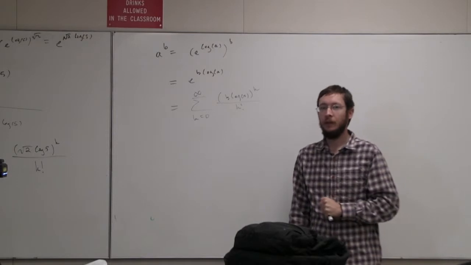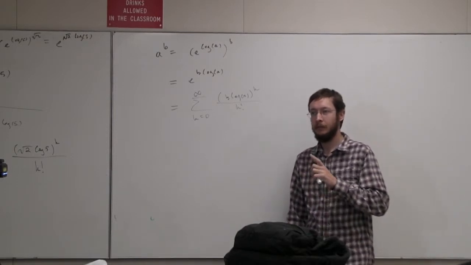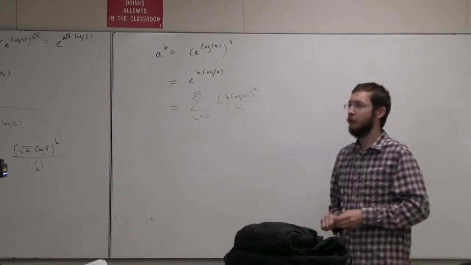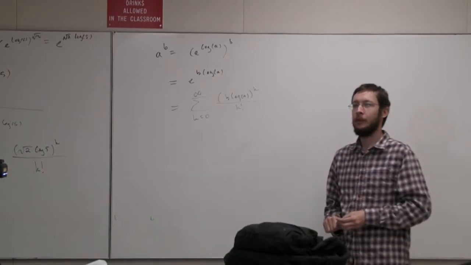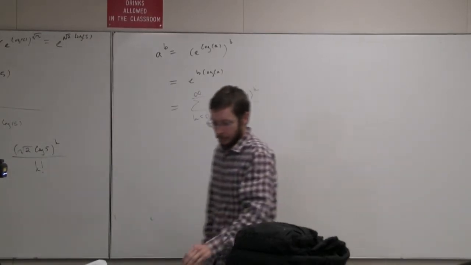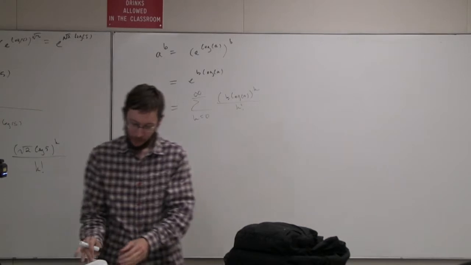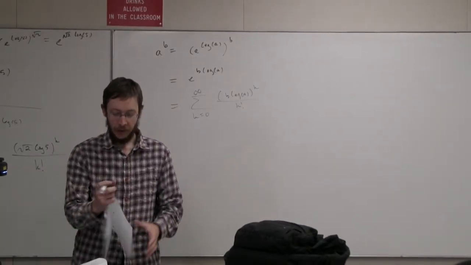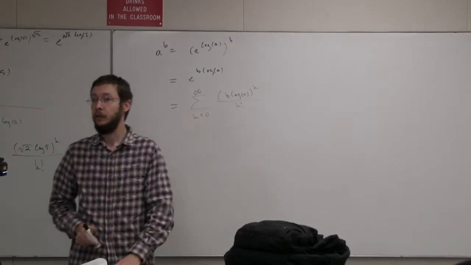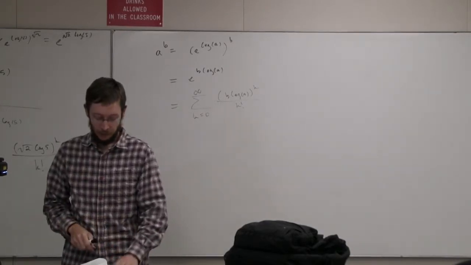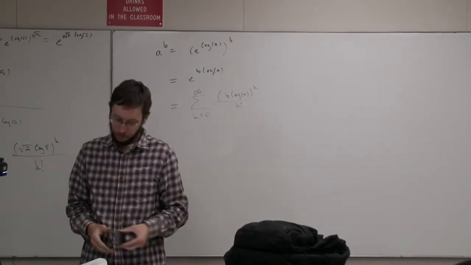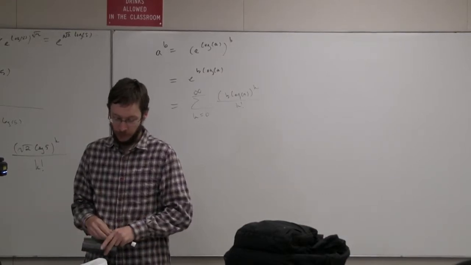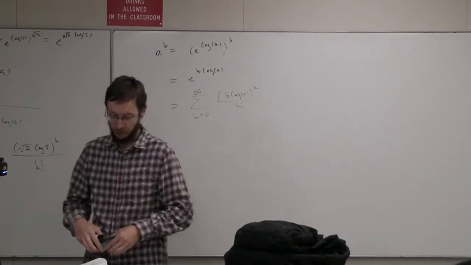So, any questions on the real irrational exponent procedure? And so, the reason that this is a better approach is because this can actually be extended really easily to complex numbers. And to get started, let's go ahead and just take a look at the complex exponential function.